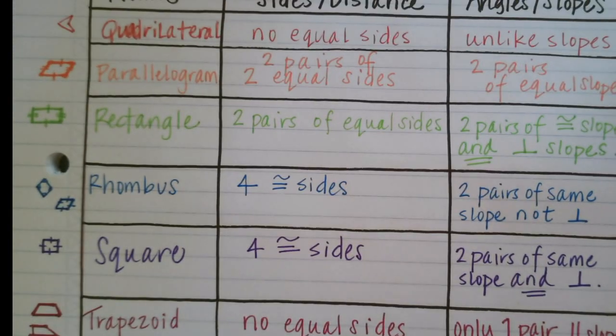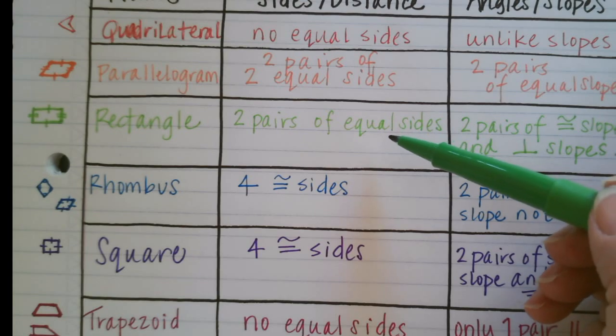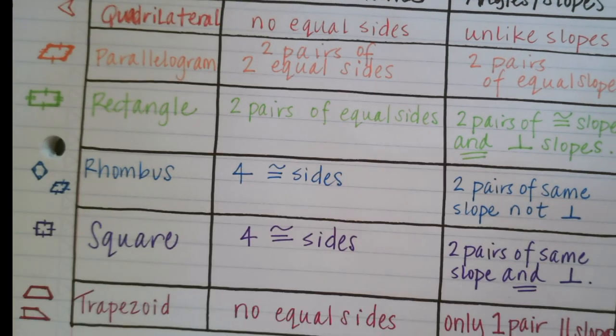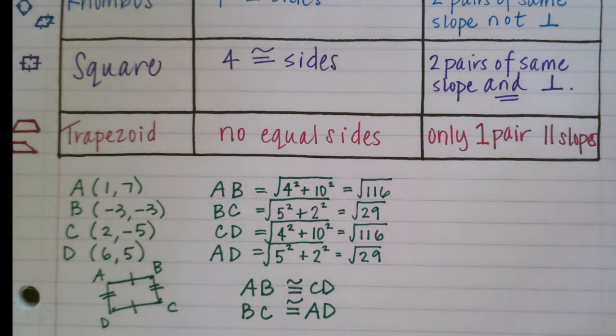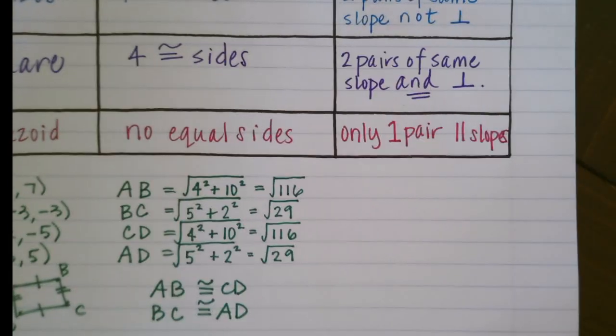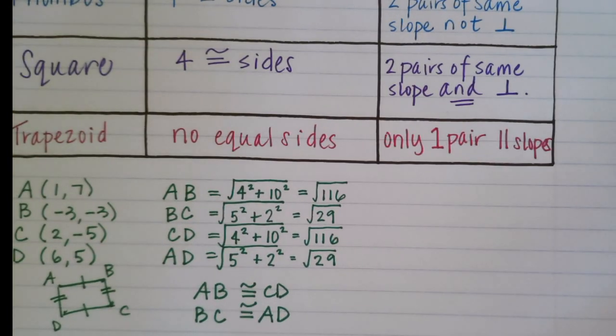So I'm zeroing in on maybe it's a parallelogram or a rectangle. Now we need to look at the slopes of the 4 sides. The slopes will show me whether these sides are parallel with each other, or perpendicular, or some of both.